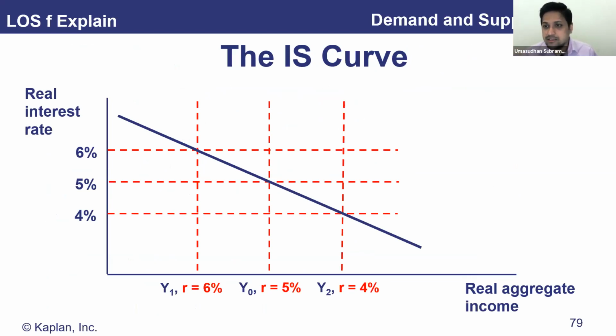So we are talking about the relationship between real interest rate and real aggregate demand, which is your GDP. And remember, the IS curve focuses on the goods and services market, and your LM curve focuses on the money market. This curve focuses on the goods and services market.